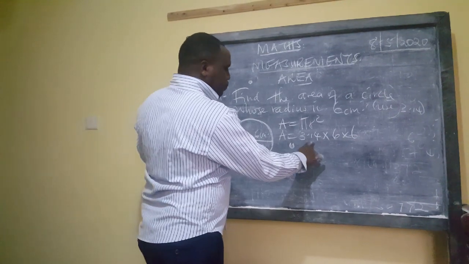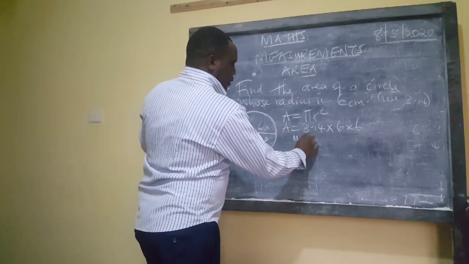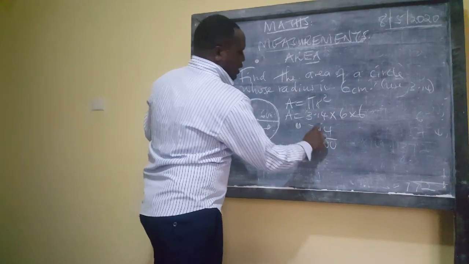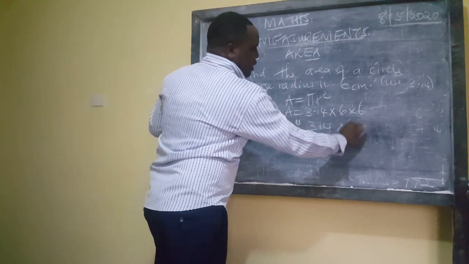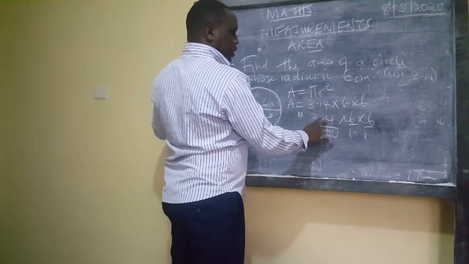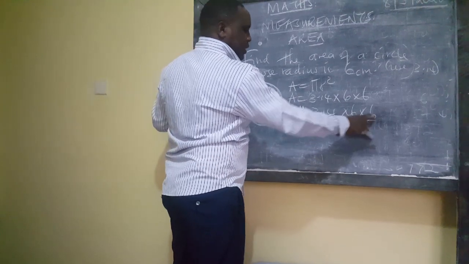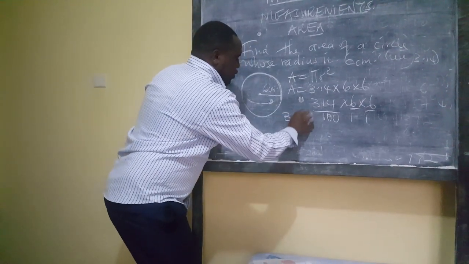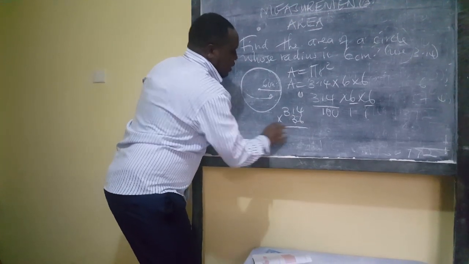This is going to be 314 over 100 to make this a whole number, times 6 times 6. This is going to be 314 times 6 times 6. 6 times 6 is 36. So we are going to get 314 times 36.